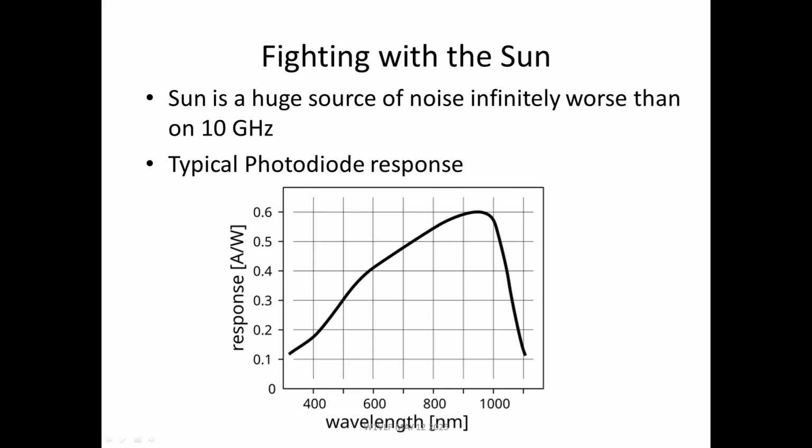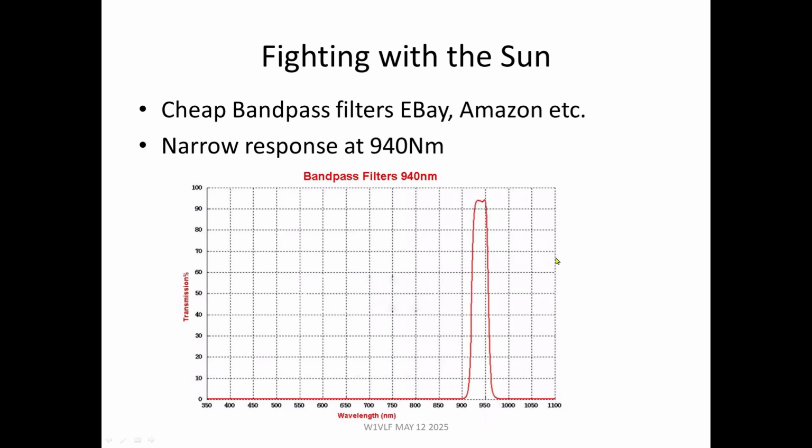Just like you'd put a bandpass filter up ahead of your HF rig, you need to have an optical filter, at least during the day. At night, I don't think there's enough IR to cause a real problem. But if you want to make any kind of daytime contacts, you are definitely going to need to do something like this. Stick this right up ahead of the optical detector, and it cleans up a lot of that stuff that's down here to 400.